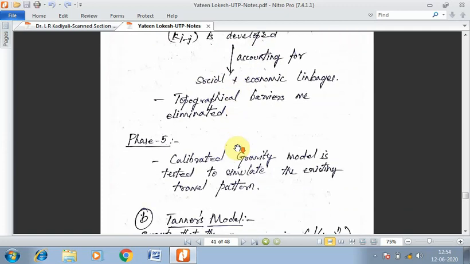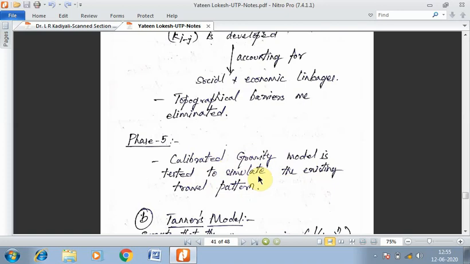Next, the last phase, phase 5, is where the calibrated gravity model is tested to simulate the existing travel pattern. Basically, you are doing a test of the equation that has been calibrated, to see whether the equation really works well in the region or not.